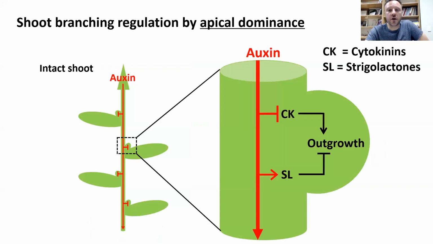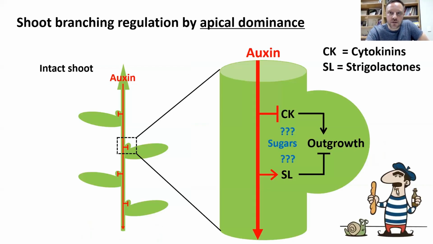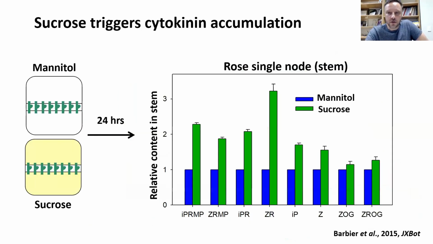So as I mentioned before, auxin regulates bud outgrowth through controlling cytokinin and strigolactone. And my goal was also to understand how sugars control the cytokinin and strigolactone pathways during bud outgrowth. So what we showed in Rossi in 2015 was that sucrose and also its analogs can trigger the accumulation of cytokinin in the stem and the buds compared to the mannitol used as a control.